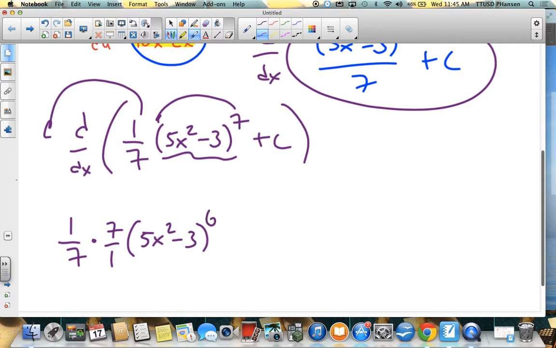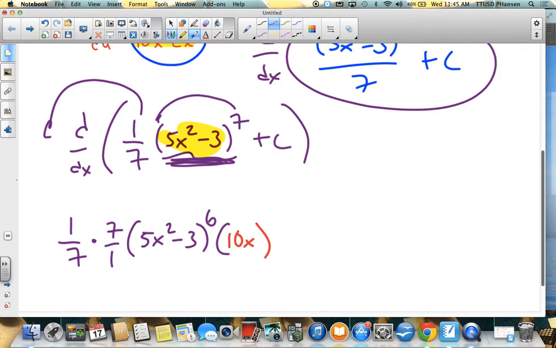It remains unchanged. The exponent goes down by 1, multiplied by the derivative of what's on the inside, and I'm writing it in red, which is 10x.